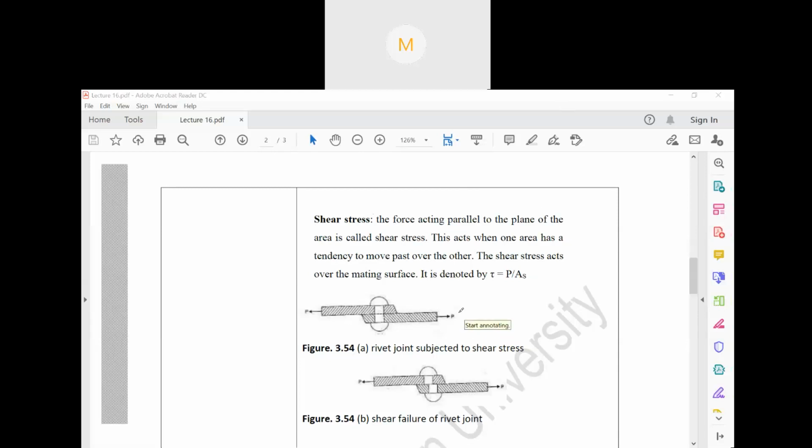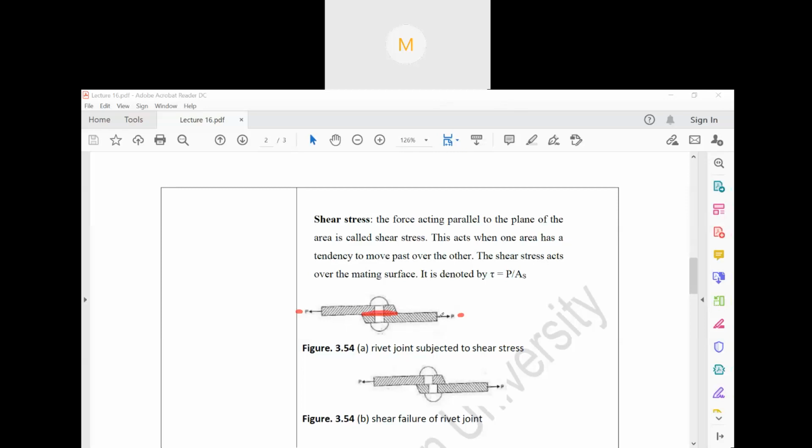This force is acting in this plane, and this force is acting in this plane. Now look, if you apply these two forces from this side and this side, what will eventually happen? This will have a tendency of tearing this whole thing apart, right?